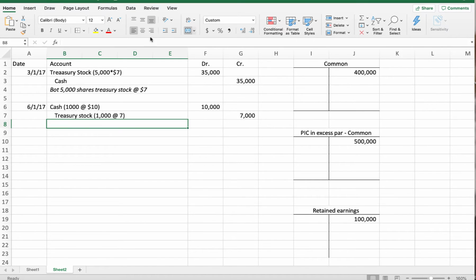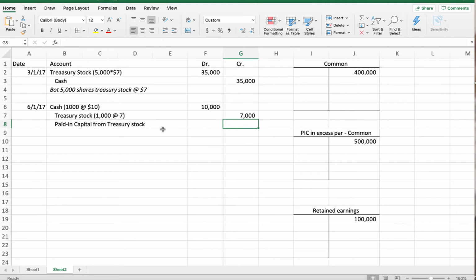So how do we do that? Well, first thing we're going to do is take the difference in the price from $7 to $10. That's a $3 difference. Okay? Times how many shares did we sell back? Well, we sold 1,000. So that should be $3,000, right? But what's this account? Well, remember, we have this new account, which is paid in capital from treasury stock.